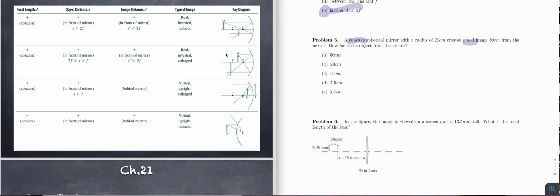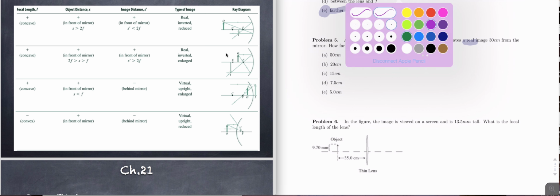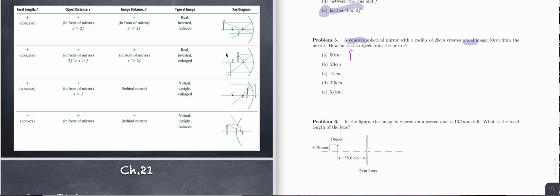A concave spherical mirror with a radius of 20 centimeters creates a real image from the mirror. How far is the object from the mirror? Okay, the spherical mirror has a radius of 20 centimeters. So R here is 20 centimeters.